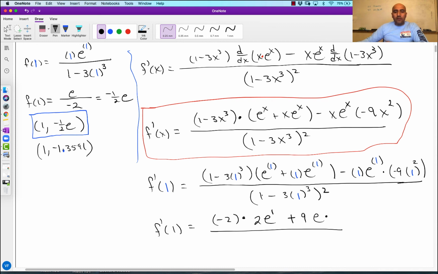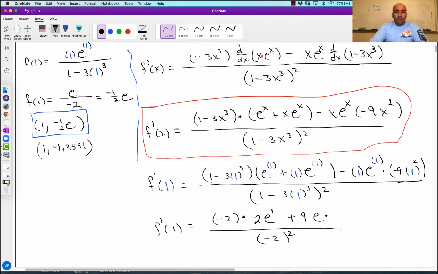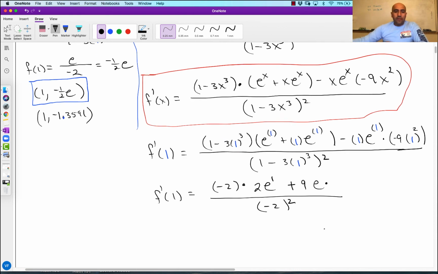That's just going to be 1. 1 minus 3 is negative 2. Negative 2 squared. So then f prime of 1 becomes minus 4e plus 9e divided by positive 4 now.